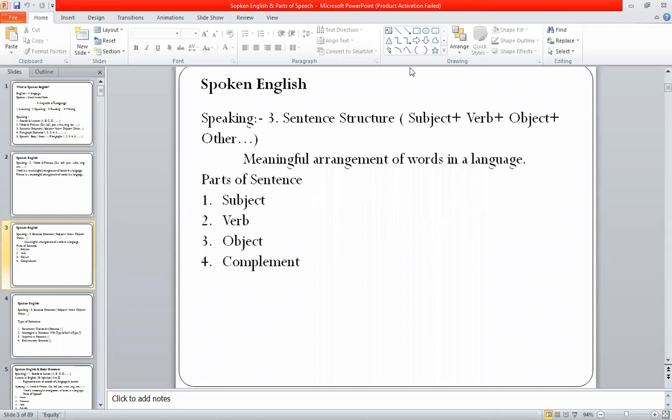Sentence structure is made up of subject plus verb plus object plus other part or the complementary part of the sentence. So a meaningful arrangement of words in a language is called a sentence. What is the definition of a sentence? A sentence is a meaningful arrangement of words in a language.